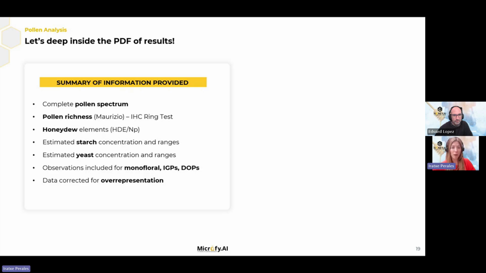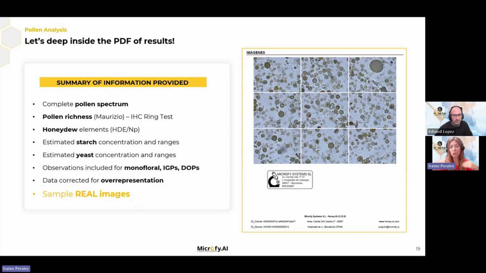And the most important part, our results also include real images of your analysis. This is very important because you can directly check if our analysis was correct or not.